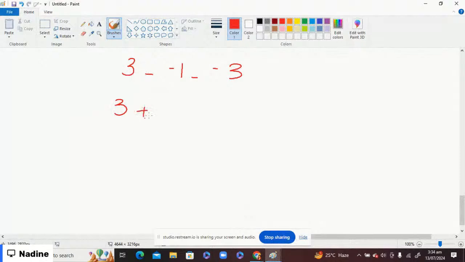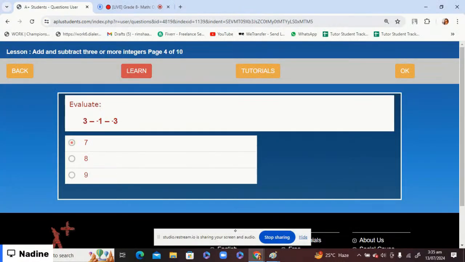Minus minus plus 1, minus minus plus 3. 3 plus 1 is 4 plus 3, which is 7. So 7 is your answer.